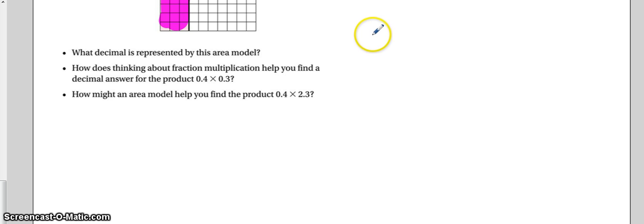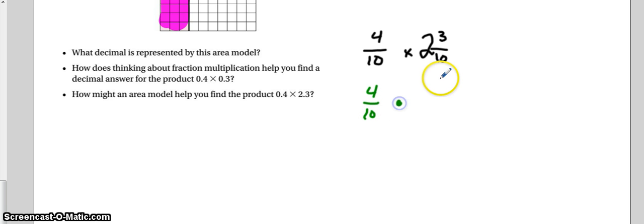So let's make 0.4 a fraction. 0.4 as a fraction would be 4/10. And we're going to multiply that by 2 and 3/10. Now obviously we are going to want to rewrite this as an improper fraction. So we'll rewrite it down here: 4/10 times, as an improper fraction, 23/10.